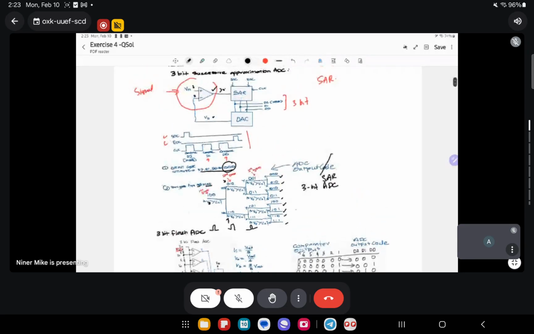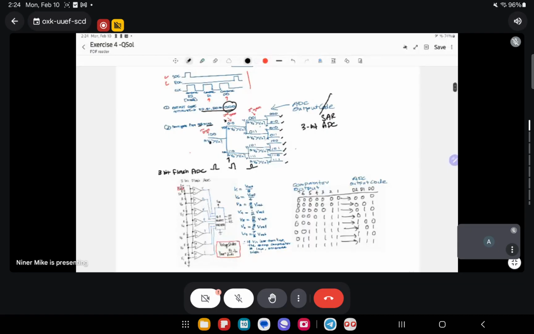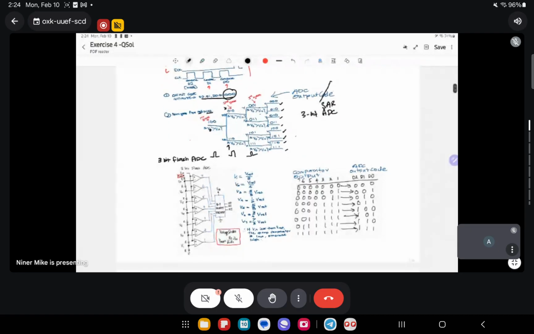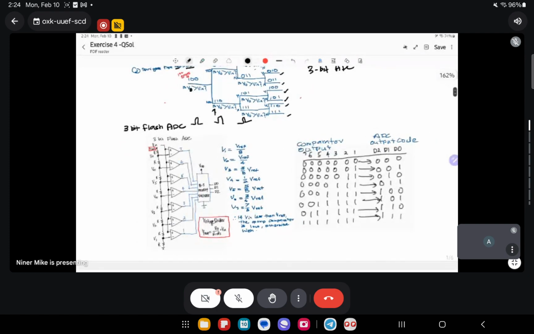Okay, that is SAR. If you have a flash type of ADC, also 3-bit, this one is the fastest ADC type. You just hook the input signal to the comparators. When you hit it, there is no need for a clock, and you get the result straight away.